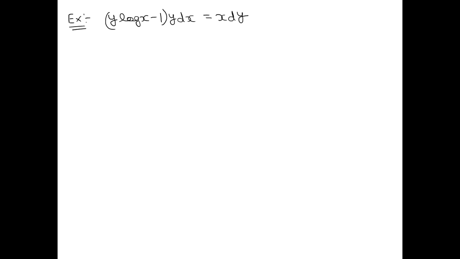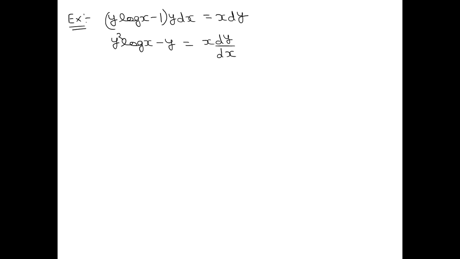Now try to reduce this form into the Bernoulli's equation form. It becomes y log x, y square log x minus y equals to x dy by dx.